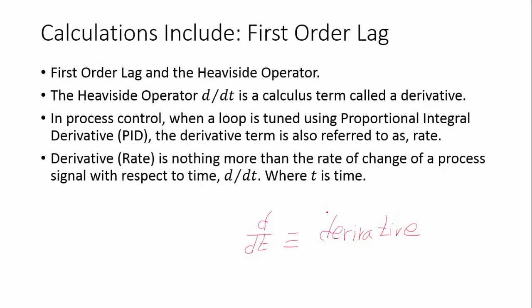In process control, when a loop is being tuned using proportional, integral, and derivative terms, or PID, the derivative term is also referred to as rate. The derivative is nothing more than the rate of change of a process signal with respect to time.